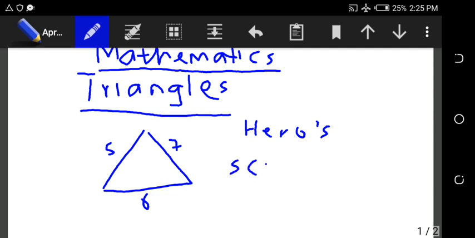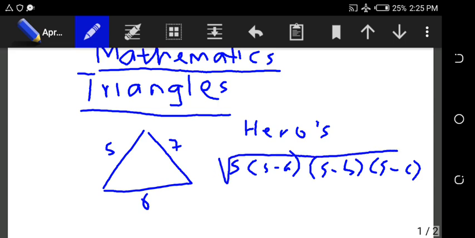S into bracket S minus A, bracket S minus B, bracket S minus C, all square rooted. This is the Hero's formula, where your S is given by A plus B plus C all over 2.